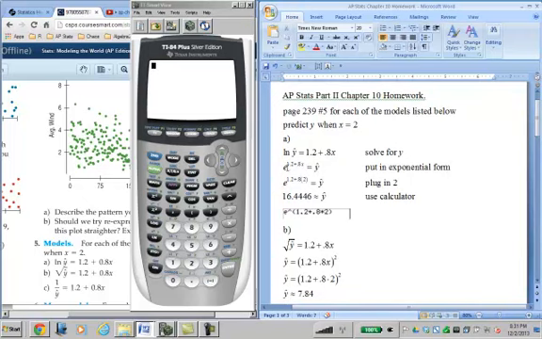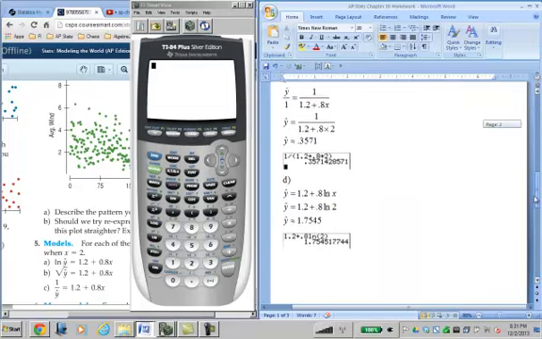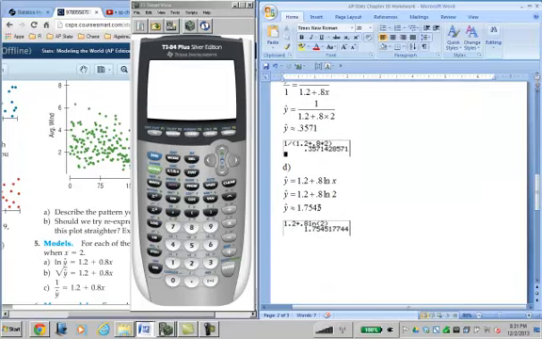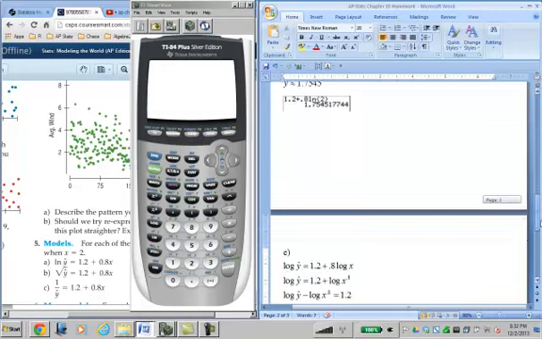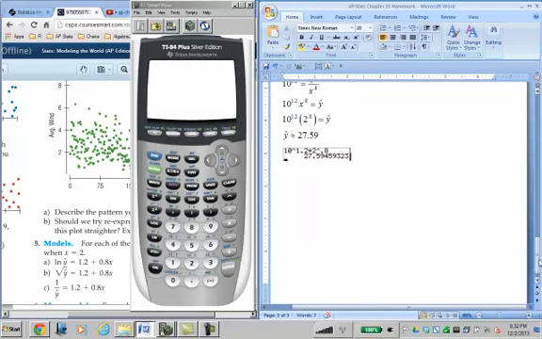Y hat equals e to the 1.2 plus 0.8x. So when the log is being taken of y hat, then you end up in the exponential form. When the log, like in D, is just taken of x, you're just in log form. And when you have the log of both sides, you end up with a power equation, where x is raised to some power, like y equals x squared is a power equation. And that is that.